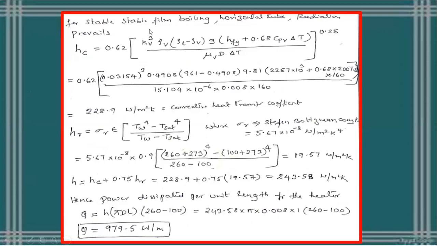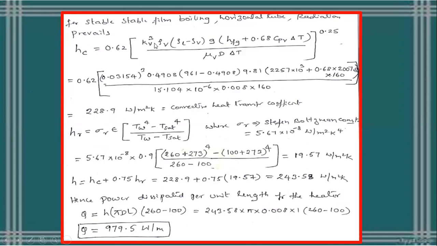Then for stable film boiling, you will have two expressions. One expression is for the convective heat transfer coefficient, for condensation, and then this hR is the radiation heat transfer coefficient. So first substitute the values we obtained for the convective heat transfer coefficient.